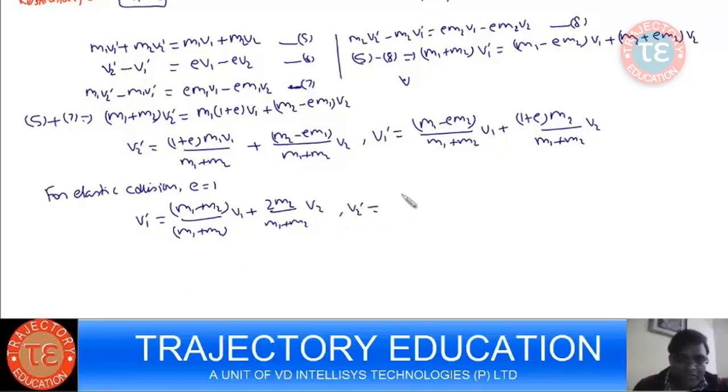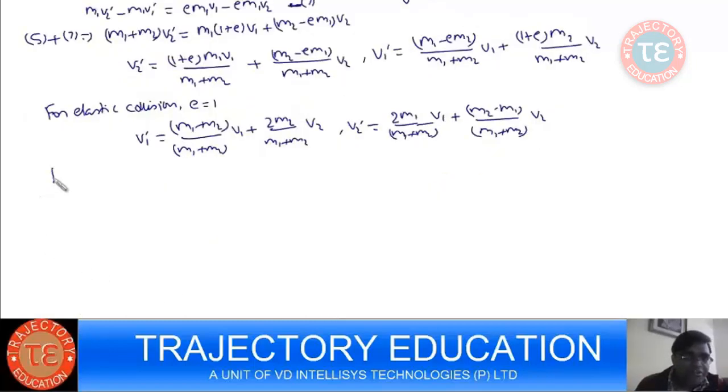And v2' I can write as 2 m1 upon (m1 plus m2) v1 plus (m2 minus m1) upon (m1 plus m2) v2.